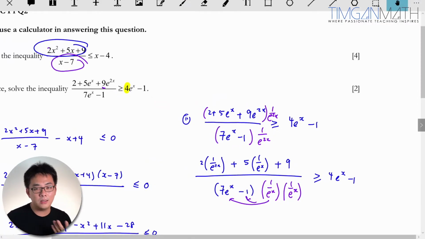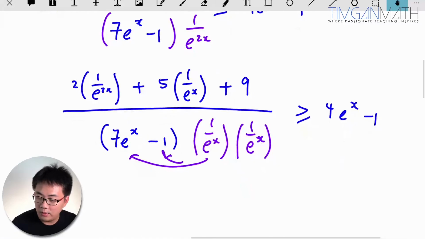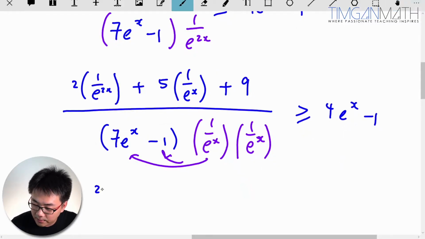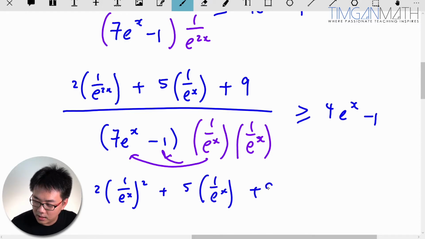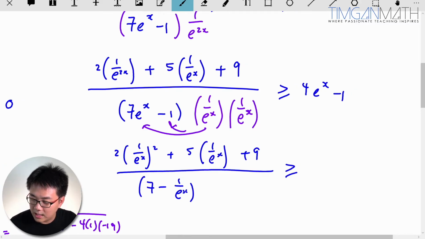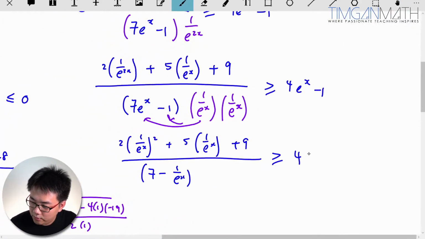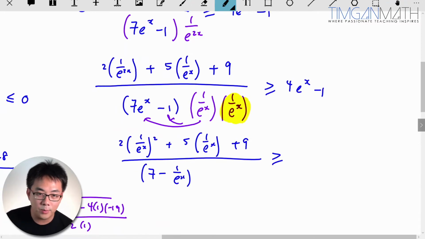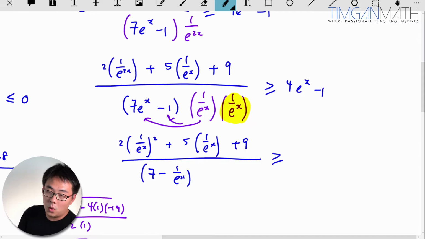Okay, so it is a pretty interesting question. I would say you just need some manipulation and some way to think around it. You should be able to get the answer. So this part here, I'm just going to revise this 7. This is minus 1 over e^x, and this e^x I'm just going to throw to the other side. Because you see 1 over e^x is always positive, okay?